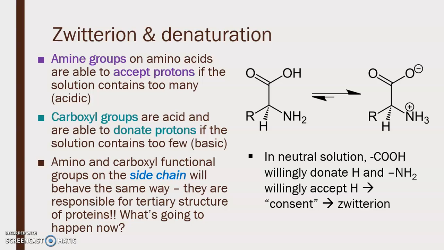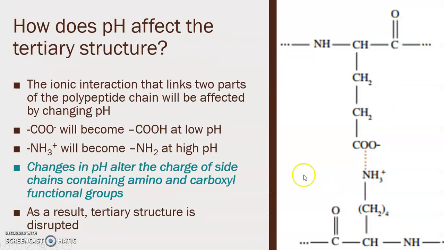However, what's going to happen if you change the pH of the solution? We know that for a zwitterion, a change in pH will, for example, if the pH becomes lower than it should be, then the COO negative will become a real COOH at low pH.